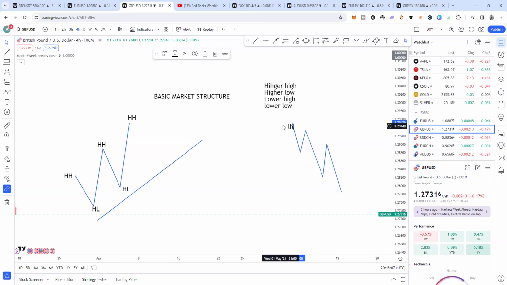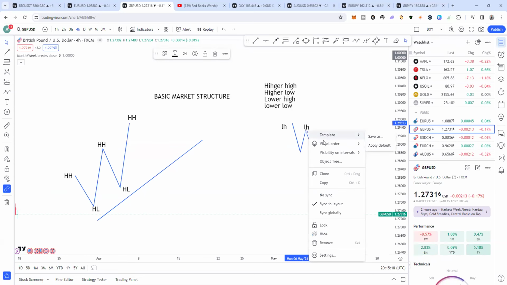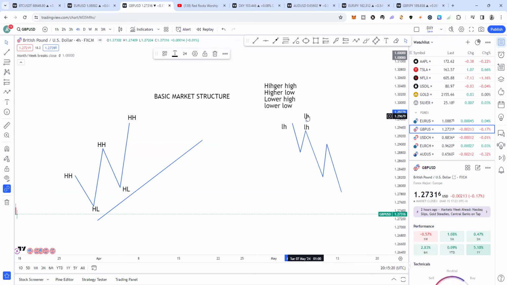Let me clone this tool. So that's our lower high. And then we have another, so now we have a lower low, our LL.